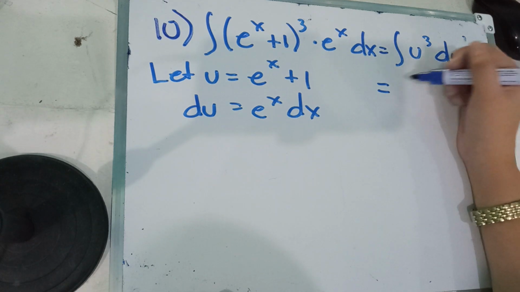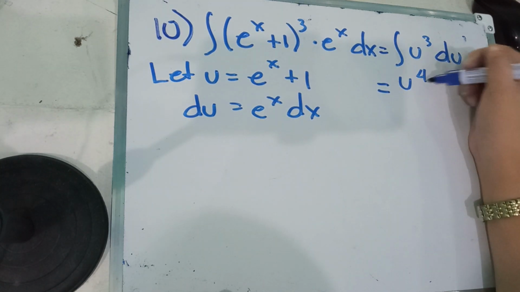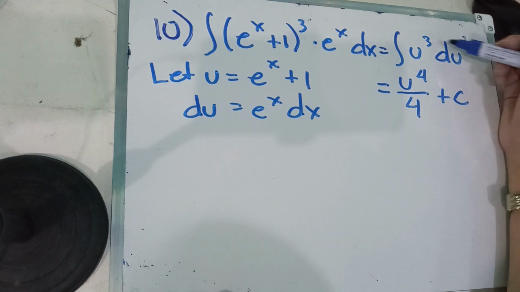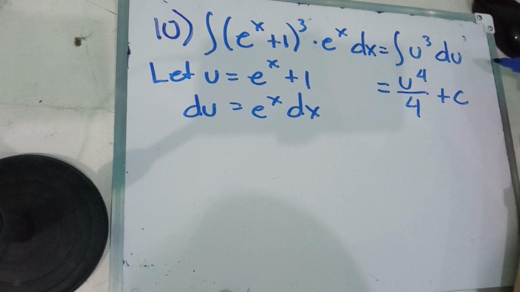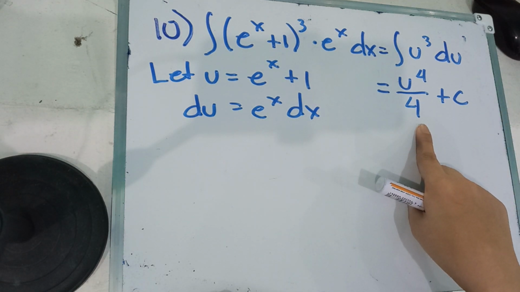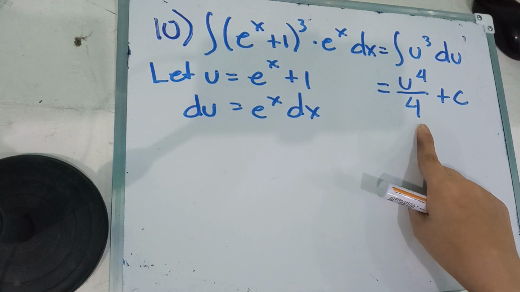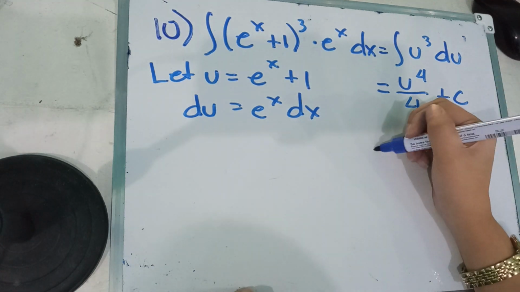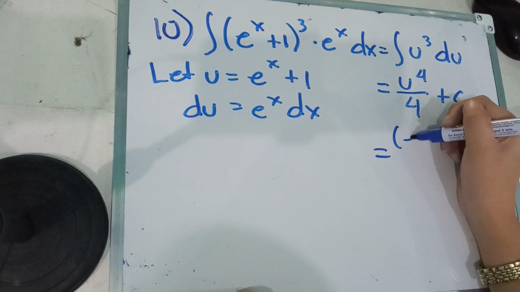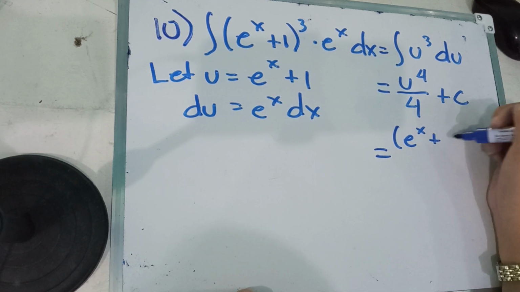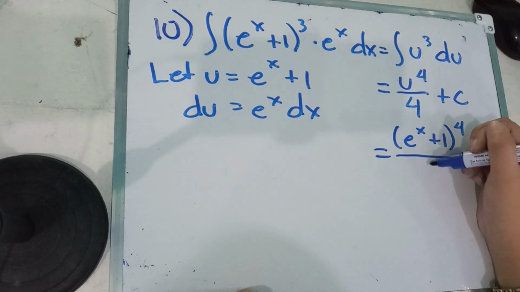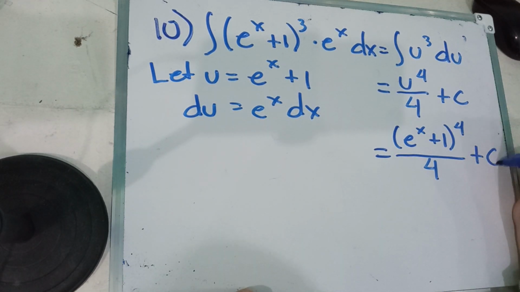So that's u to the power of 4 over 4 plus c. Why 4? Because 3 plus 1 over 3 plus 1, okay? So that is for the u substitution, but still we need to go back to our original values. So u is e to the x plus 1 to the power of 4 over 4 plus c.